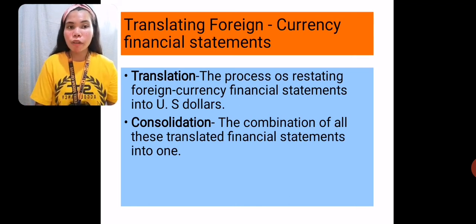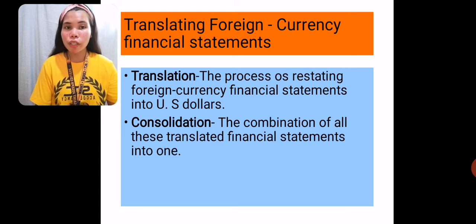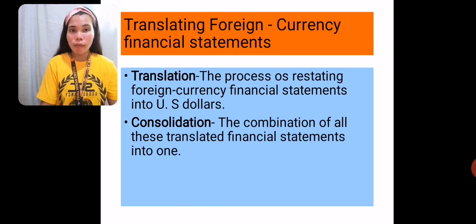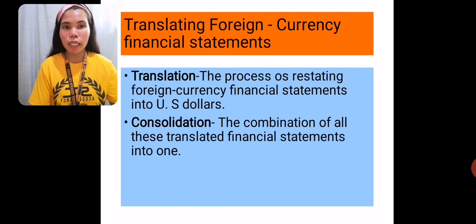The process of restating foreign currency financial statements into US dollars is called translation. The combination of all these translated financial statements into one is called consolidation.